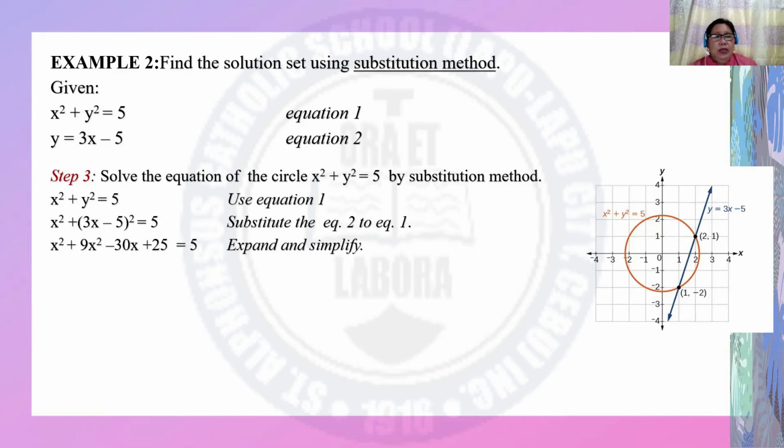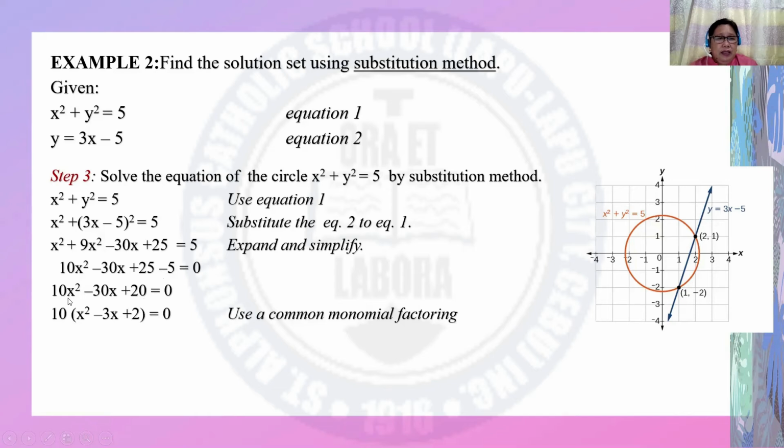And then we have to expand the square of 3x minus 5, which is 9x squared minus 30x plus 25. Then equals 5. Simplify further, x squared plus 9x squared is 10x squared minus 30x plus 25, transpose 5, so we have negative 5. And 25 minus 5 is 20.